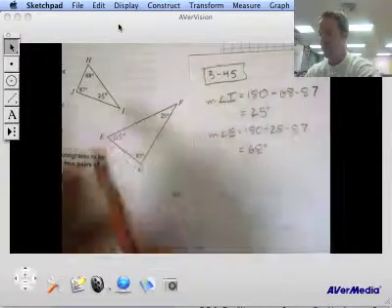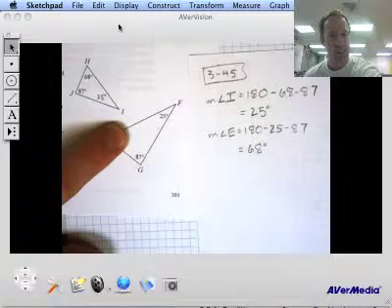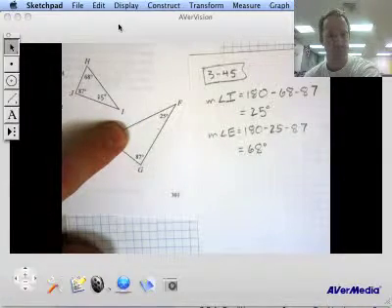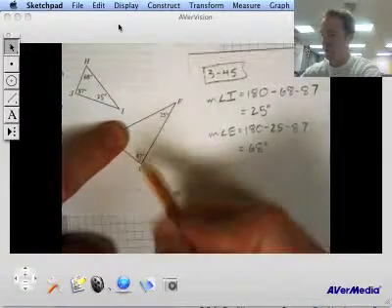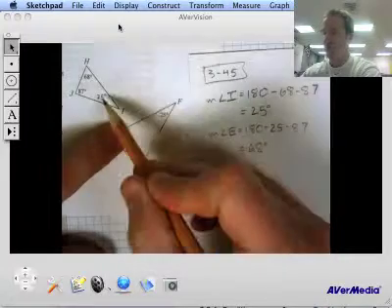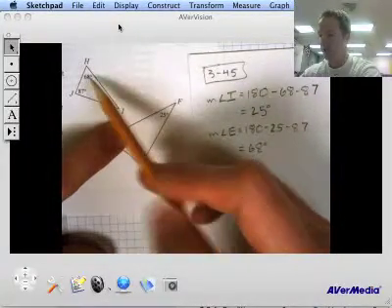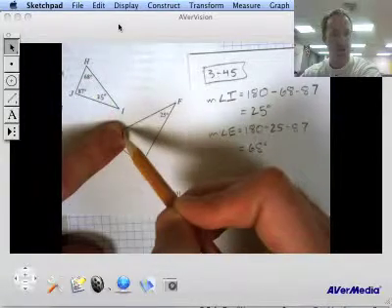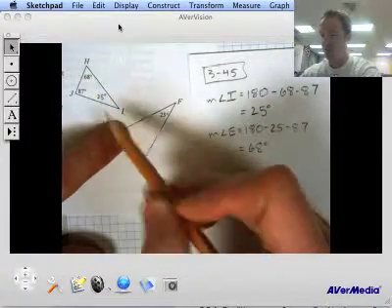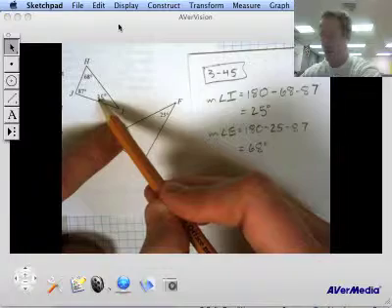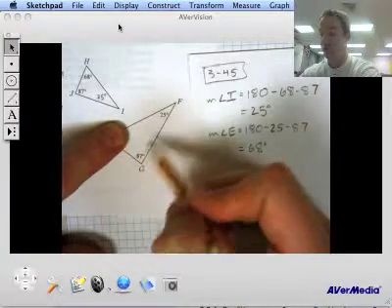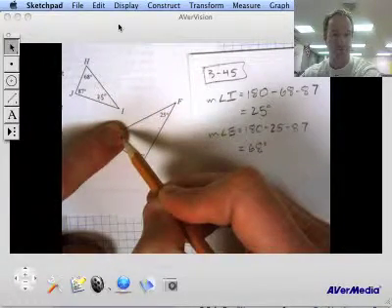Now, do we really need to check all three angles? Before I found this one, did we really need to check it? If we knew that these two are 87 and these two are 25, wouldn't these two angles have to be the same? Because to find them, I would subtract these two from 180. I would subtract the same two numbers from 180 to get this one.